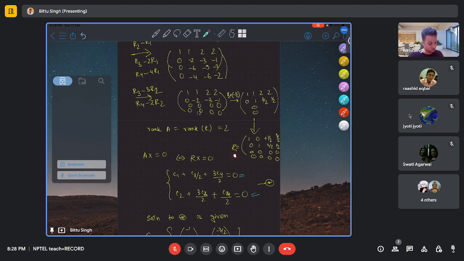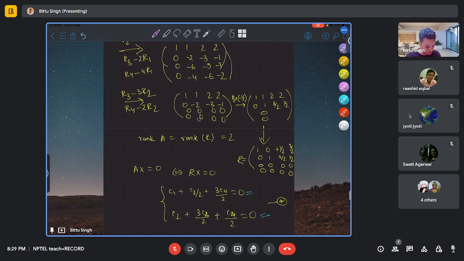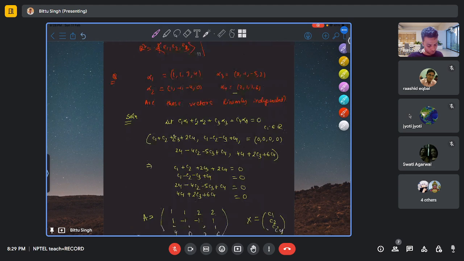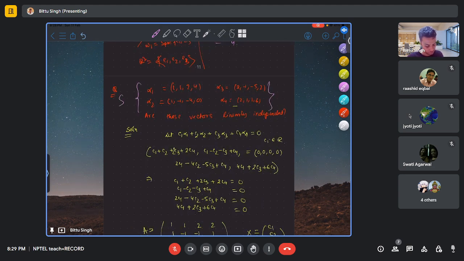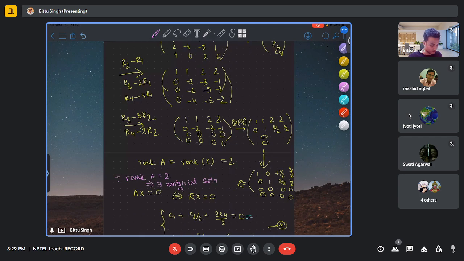Since the rank of the matrix A is 2, there exists a non-trivial solution, which we have already determined. Hence C1, C2, C3, C4 may not be 0. Hence, if we rename the given set S, then S is not linearly independent.